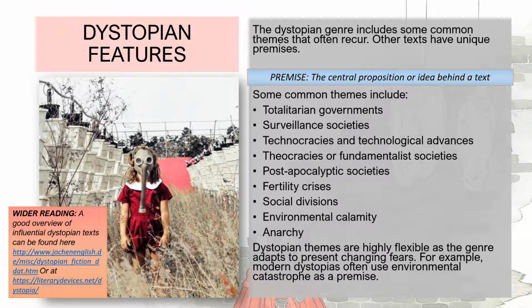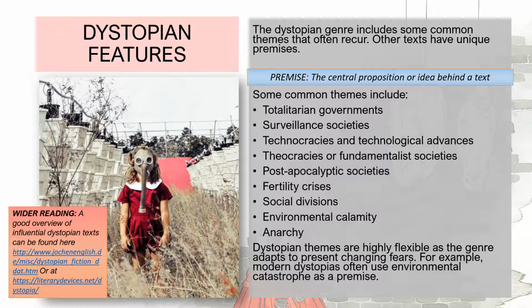Well, common themes certainly include totalitarian governments, surveillance society in 1984, technocracies and technological advances, so technocratic societies in which I guess the scientists have taken over, the experts have taken over, and they have determined what society should look like for the benefit of everyone. Theocracies, similarly, where I guess the religious have taken over, and they have their own fundamentalist view of what society should look like, and they impose that on everyone.